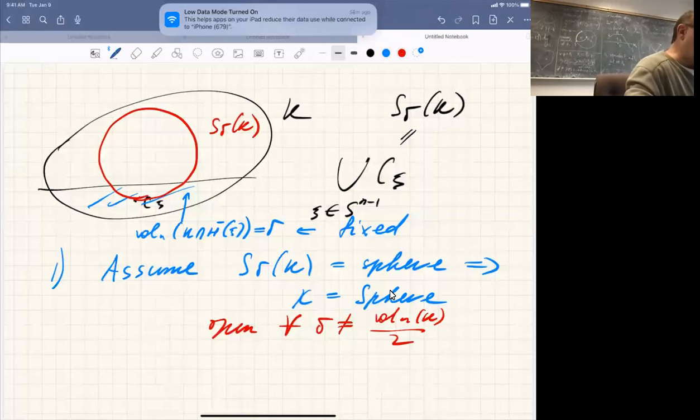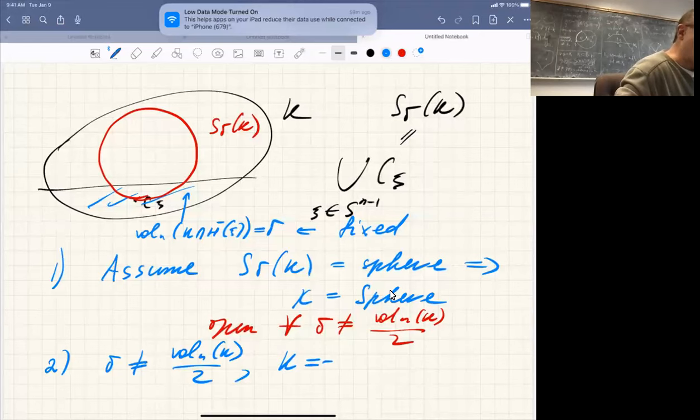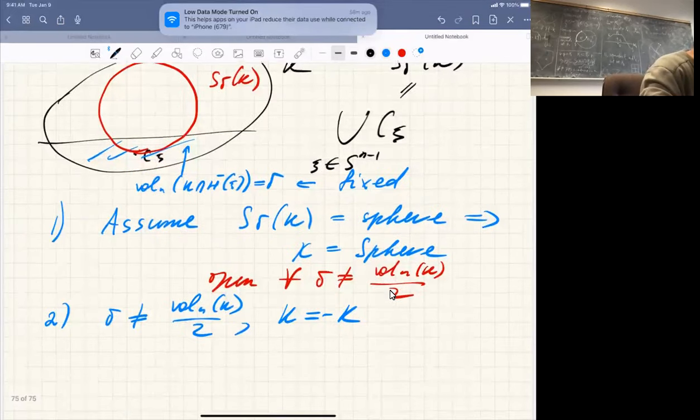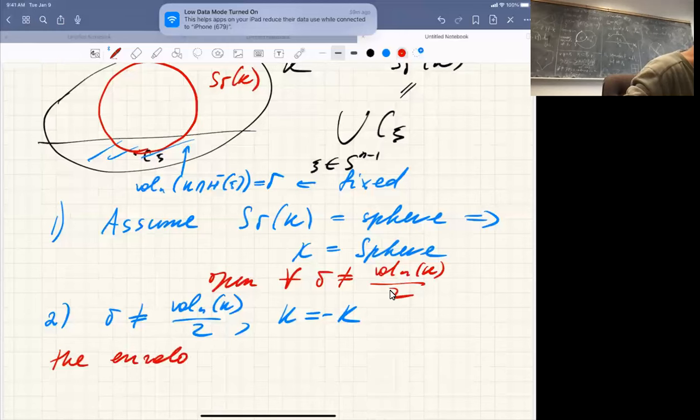The second question is, if you look at the envelope of your water surfaces, now let's assume that delta is not half. For simplicity again, I want to assume that K is origin symmetric. Again, I don't want to enter into technicalities. Then, if I consider the envelope of the water surfaces, this is what people call the floating body.